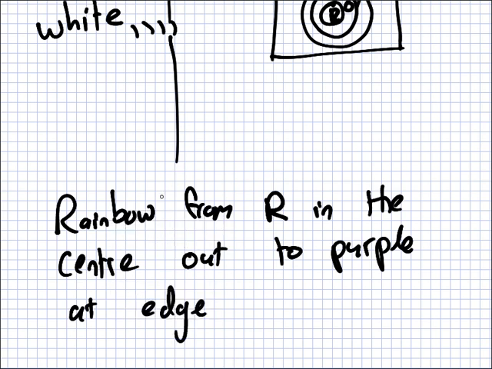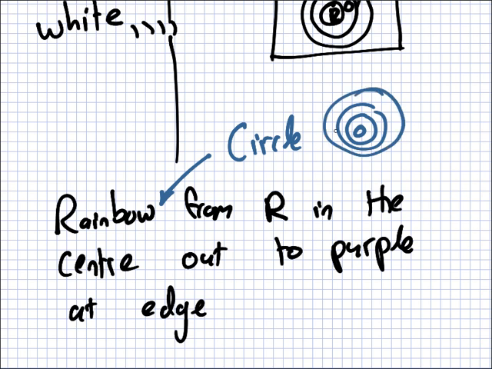I should actually, wait, I should write a rainbow as a circle. It's like concentric circles like this. So you could even draw it. You could say red, orange, yellow, violet.